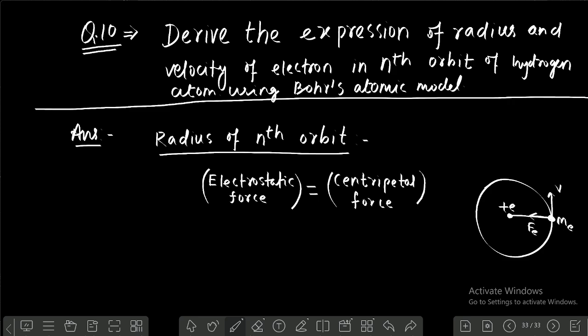Now all of you listen. Electrostatic force is nothing but 1 by 4 pi epsilon naught, electronic charge e, proton charge also e, so e square by r square, because this distance is r.